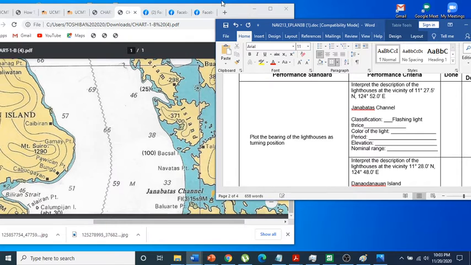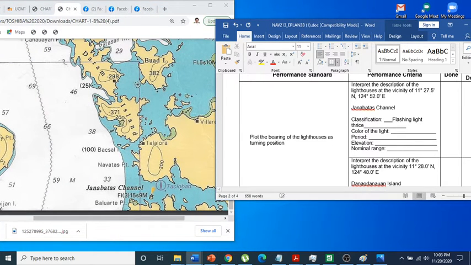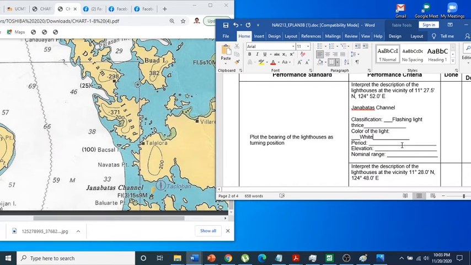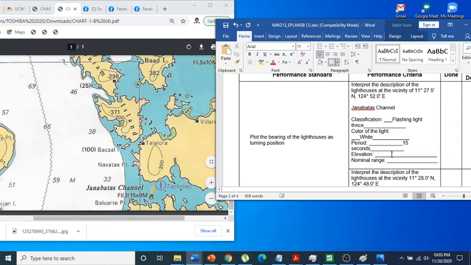Color of the light: if it has no indication, by default we put white. So period, 5-15 seconds, and elevation is 9 meters.